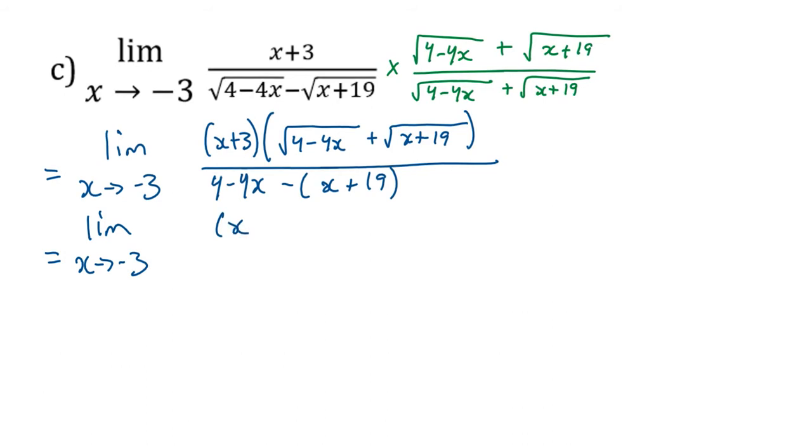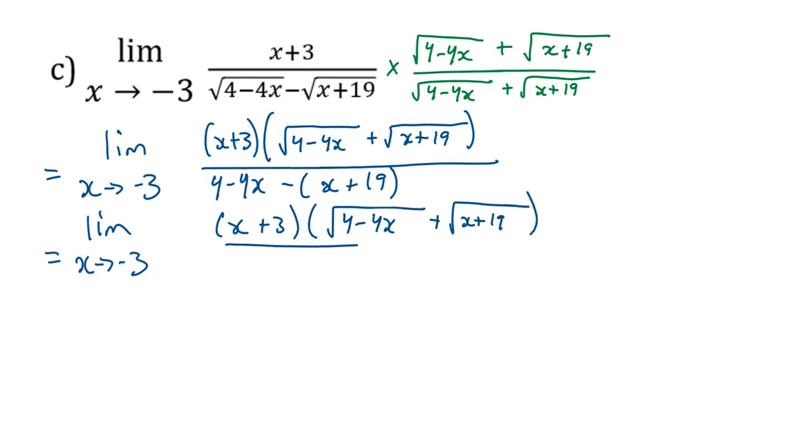Okay, again, I don't want to expand the top. That would be a waste because the x plus 3 is what I want to be dividing out. And I get negative 4x minus x, which is negative 5x, and 4 minus 19, which is negative 15.